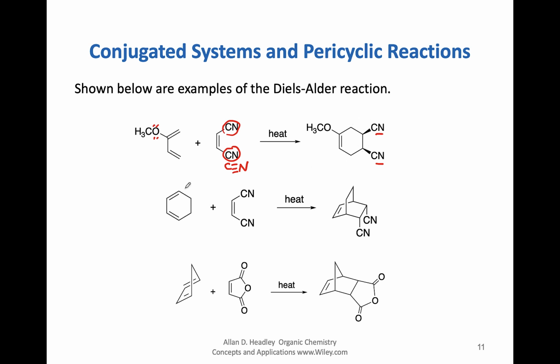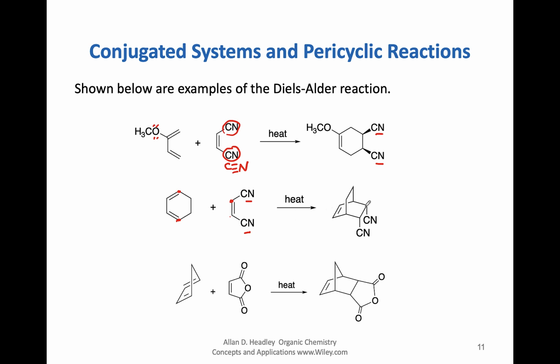Here's another example. This is a cyclohexadiene, where this is the diene right here, but it's in the form of a ring. Here's the dienophile. The same CNs are here, making this a very reactive dienophile. So we'll form a bond from this carbon to this carbon, and these electrons will swing in to form this double bond here, and we'll form a bond from here to here, as shown here.